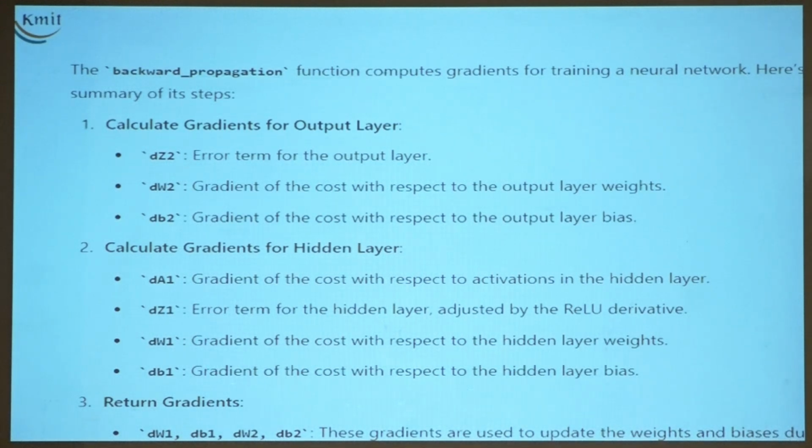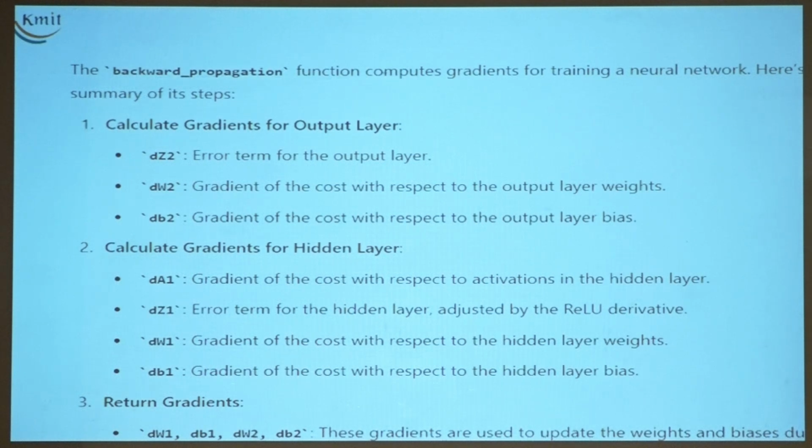And when I talk about calculating gradients for hidden layer, I go for A1. What is A1? The output of the hidden layer, the activated function of the hidden layer. So, I will calculate the derivative of A1, Z1, W1, and B1. Are you all clear with this?